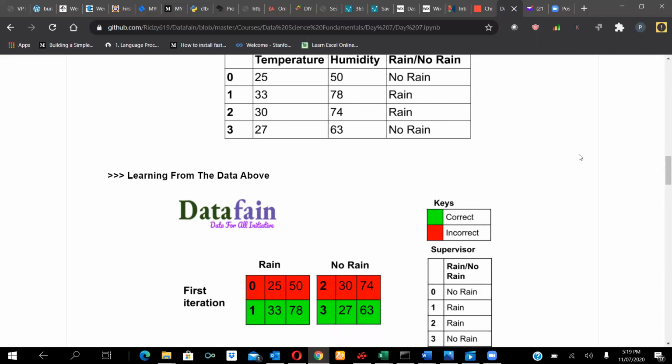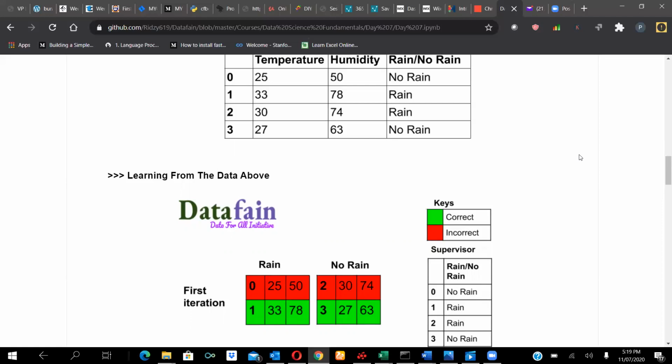Now you find out that classification clearly has stated that the first one is wrong. It is not correct because our output has already specified that first row, row 0, as a row with no rain. But here we've classified it under the classification of rain. Therefore, it's an incorrect classification.